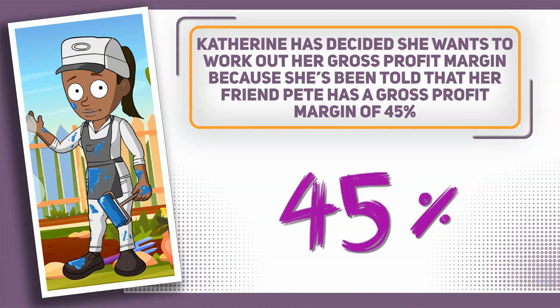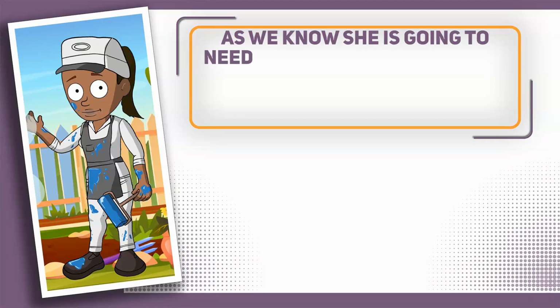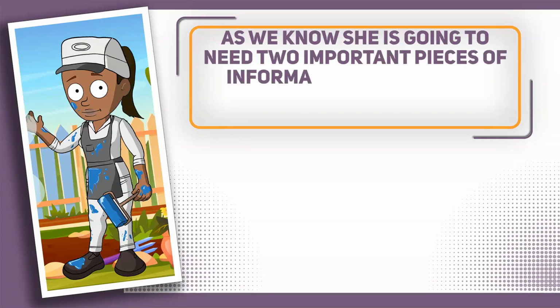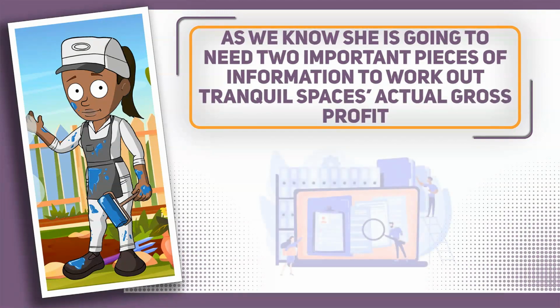Now, before Catherine can start to look at her gross profit margin, or sometimes referred to as the GPM, she will first need to work out her gross profit. As we know, she is going to need 2 important pieces of information to work out Tranquil Spaces' actual gross profit figure.